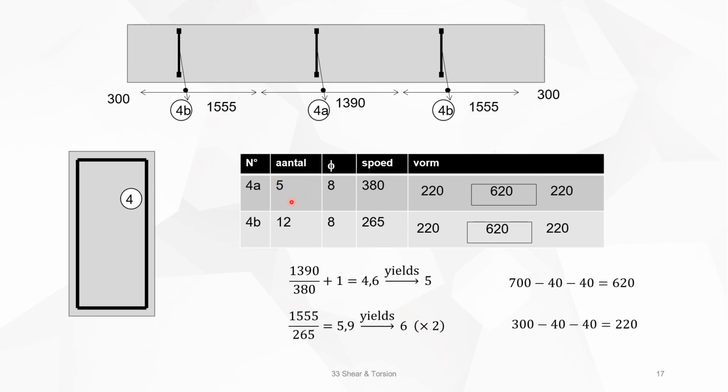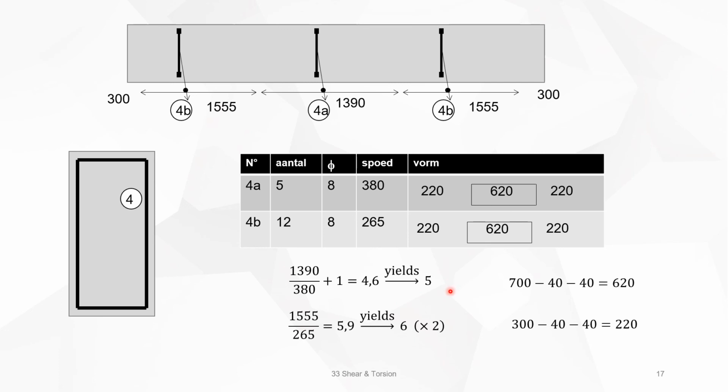How do we calculate the number? It's easy. It is this area, 1,390 divided by the center to center distance plus 1, and we have 4.6, and we make it 5. So we take 5 diameters 8 every 380.